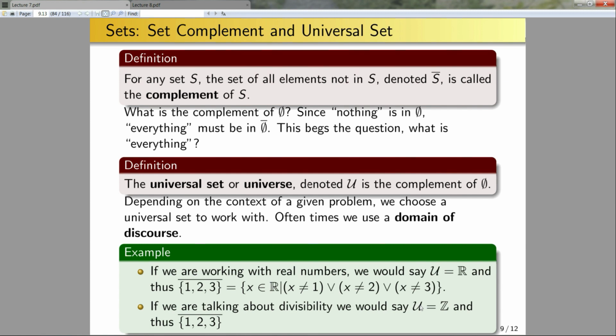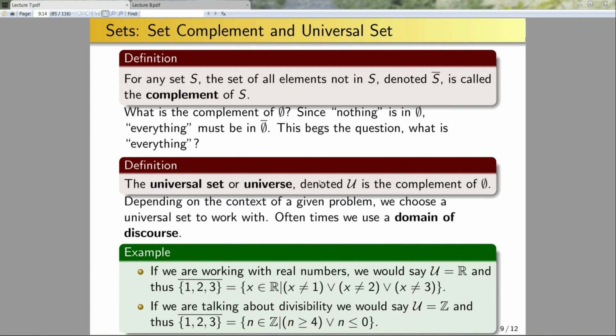Therefore, I would say that U is equal to the set of all integers, and thus the complement of the set 1, 2, 3 would simply be the set of all integers such that n is greater than or equal to 4 or n is less than 0. So now, generally, if I don't explicitly state what the universe is, you kind of have to think from the context of the problem, what set am I realistically working in?